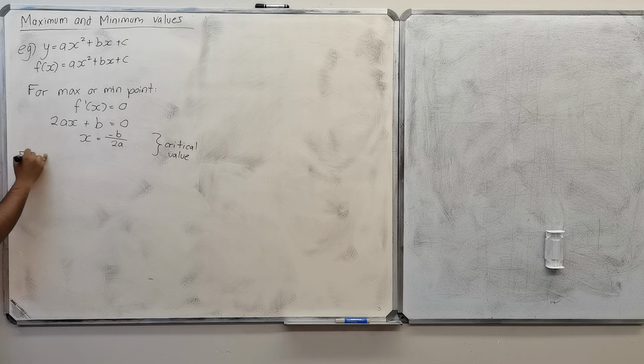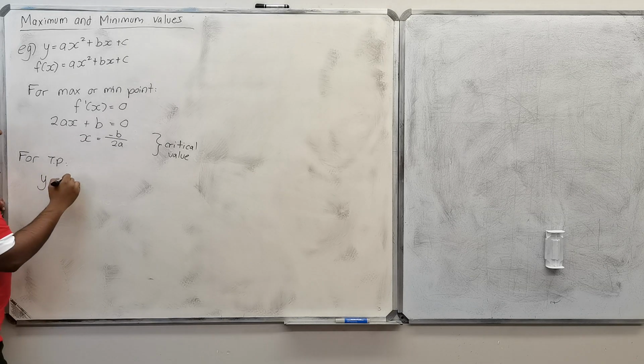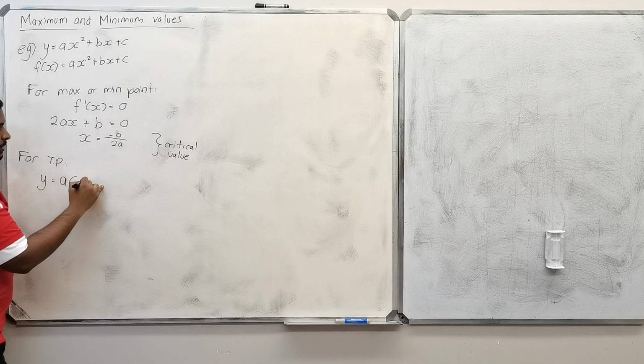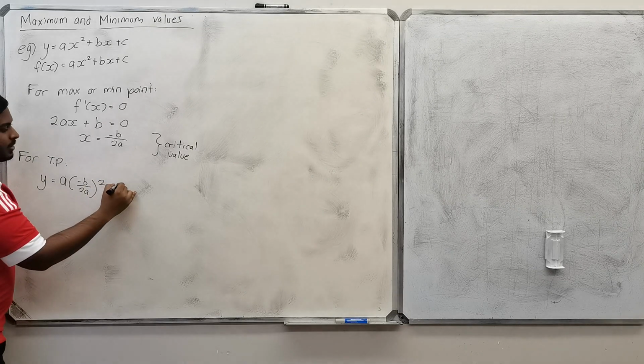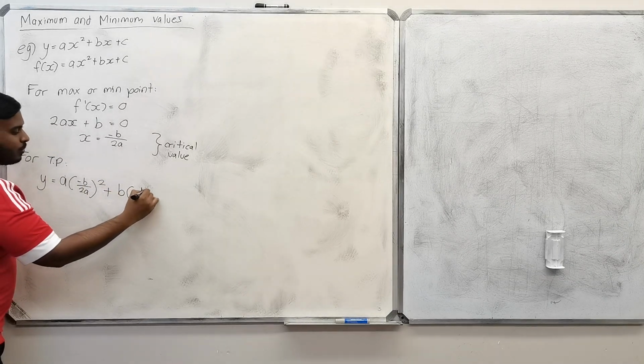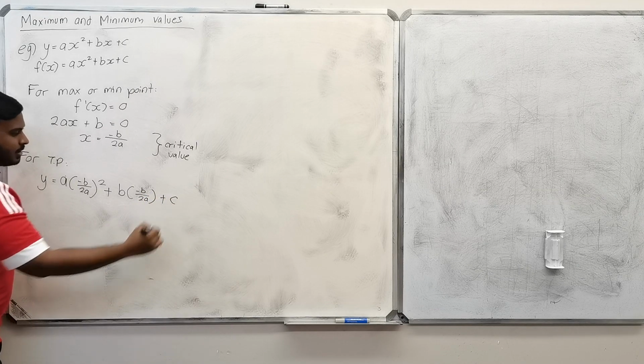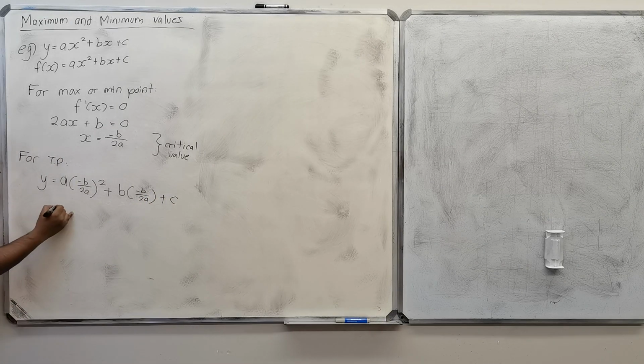So you would say y is equal to a times (-b over 2a) squared plus b times (-b over 2a) plus c. Okay, now you solve it.